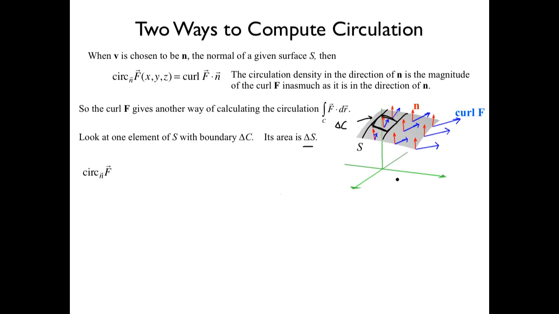So the circulation density in the direction n for that little element, we saw this before, is going to be the line integral around the loop of that element divided by the area as the area gets small.